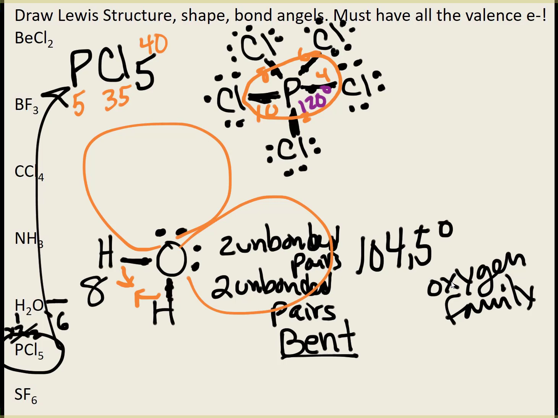And then this chlorine at the top, I think I'm just going to move it over just a little bit. We will see it go up and down with the other one on the bottom. So between here and here, we have 180 degrees. So this is a shape called trigonal bipyramidal.